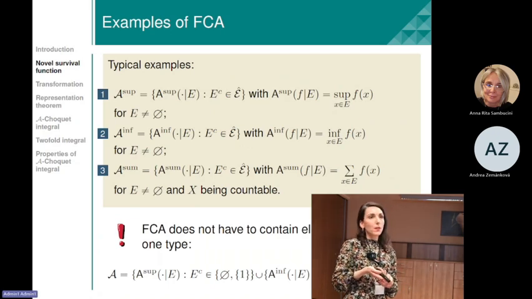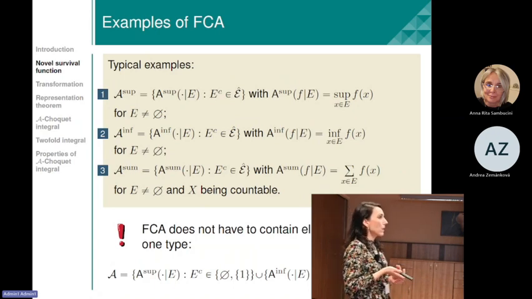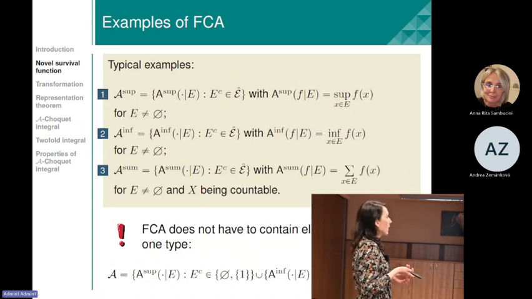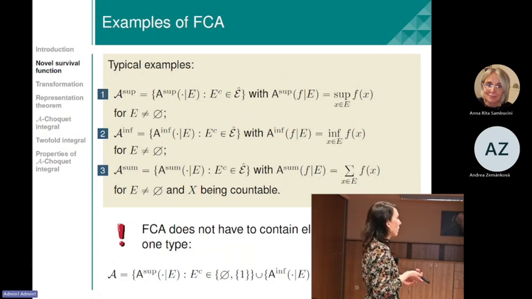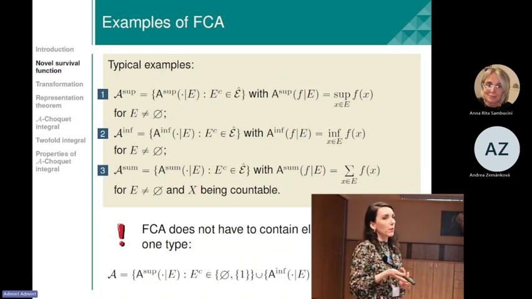Typical examples of families of conditional aggregation operators are the supremum family, which contains supremum conditional aggregation operators. They are nothing but supremums of functions on a conditional set. Similarly, the infimum family, or if we consider a countable basic set X, then we can consider some other family of conditional aggregation operators. Of course, we can consider a family of Choquet, Sugeno, and Shilkret integrals.